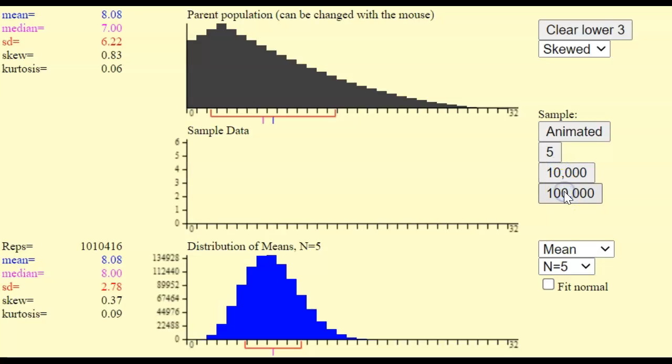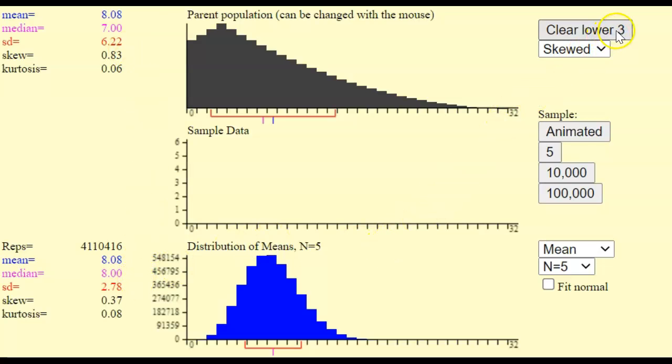Let's go big time. Notice it's still fairly normal. It's got a little bit more on the upside, but not very much. The mean is still 8.08, and the standard deviation was 6.22, and now it's 2.07.